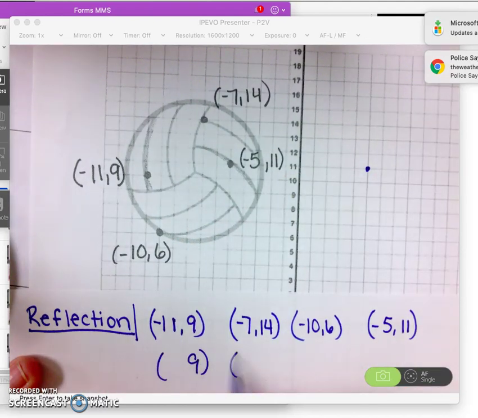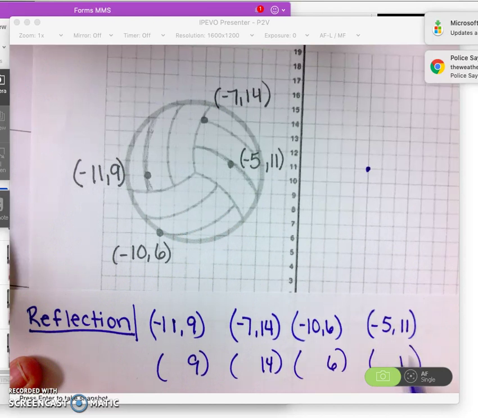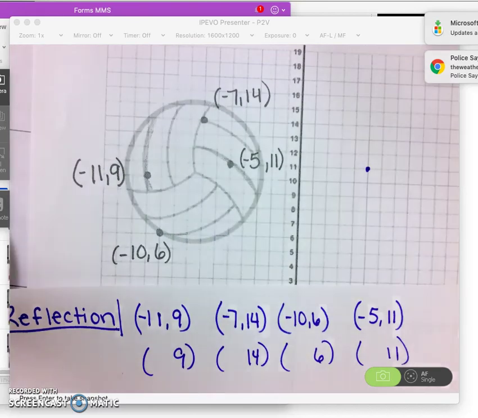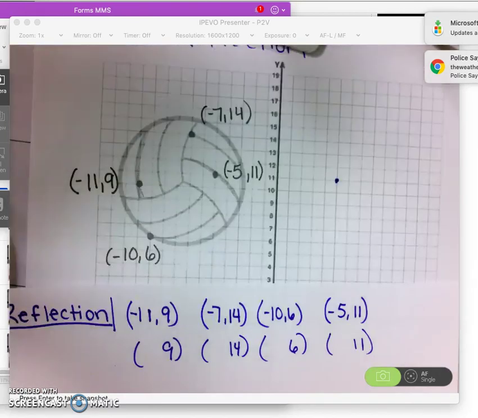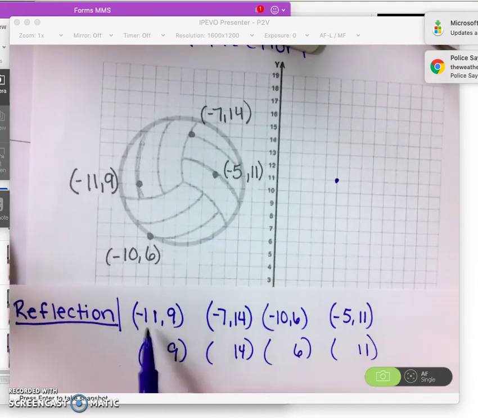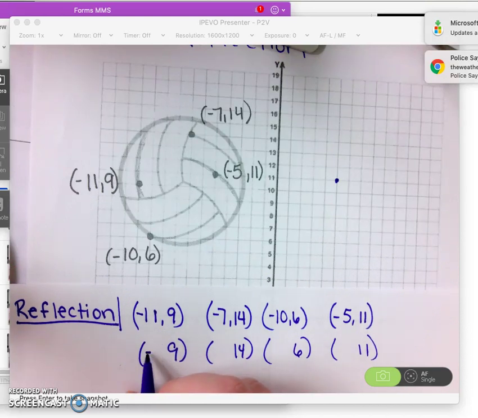So 9, 14, 6, and 11. Okay, and then you change your x's to the opposite. So if it's negative, it becomes positive, and vice versa. So instead of -11, it becomes positive.